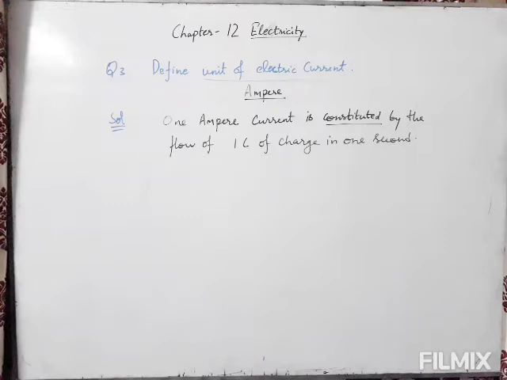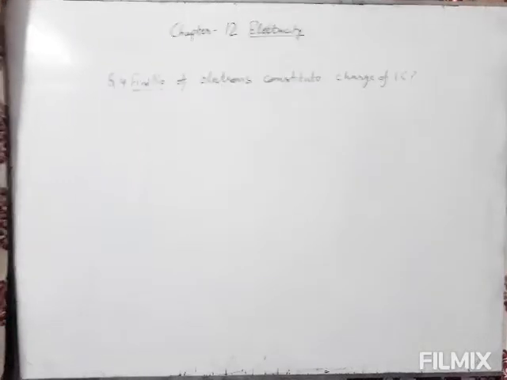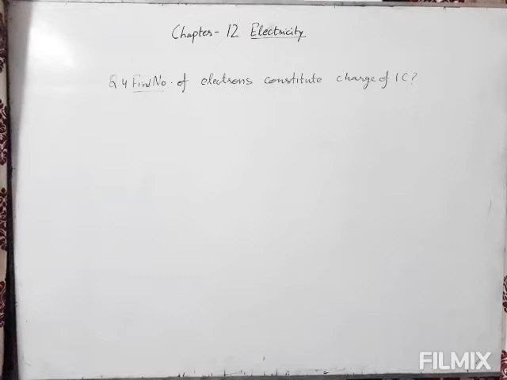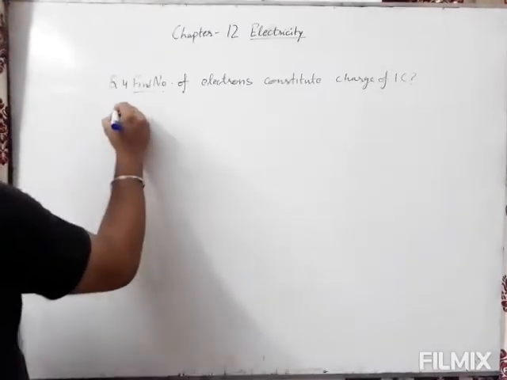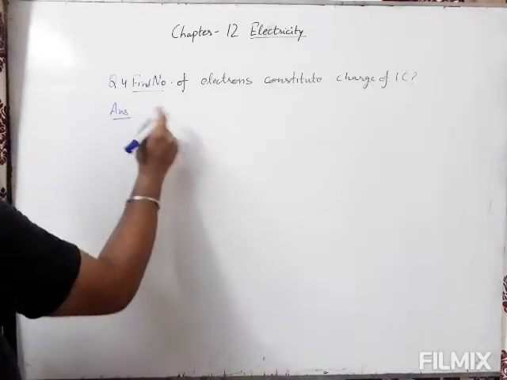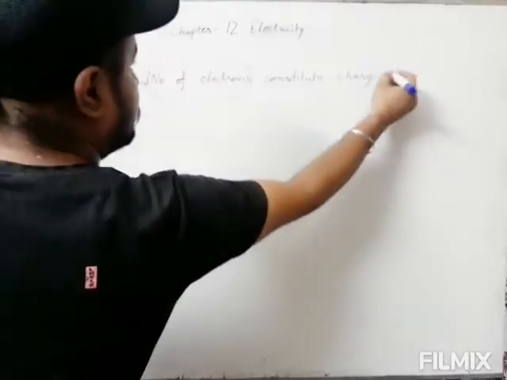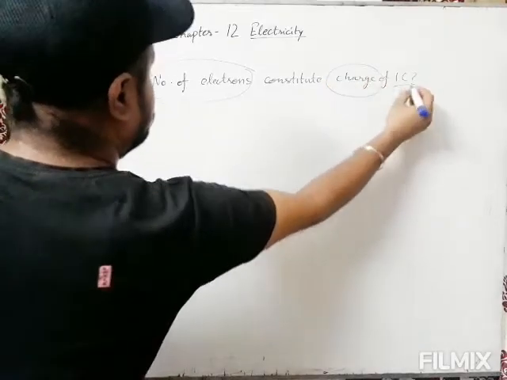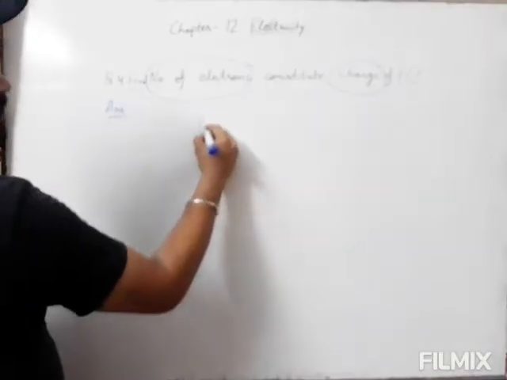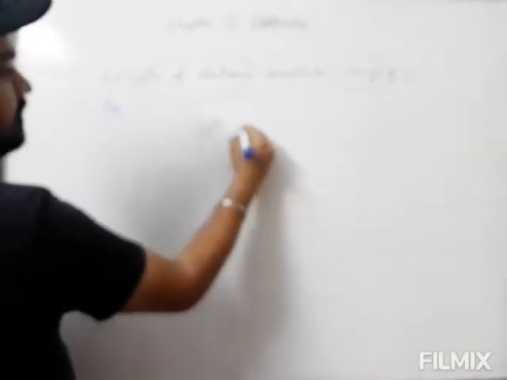If 1 coulomb of charge flows in 1 second, then current is said to be 1 ampere. In the very next question, we have to find the number of electrons constituting 1 coulomb of charge. So we must know the relation between the number of electrons and the charge of 1 coulomb. Now we know that the elementary particle is the electron.